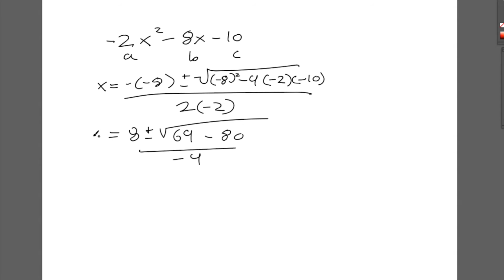So that leaves you with 8 plus or minus square root of, right, yeah, -16. 8 plus or minus square root of -16 over -4.